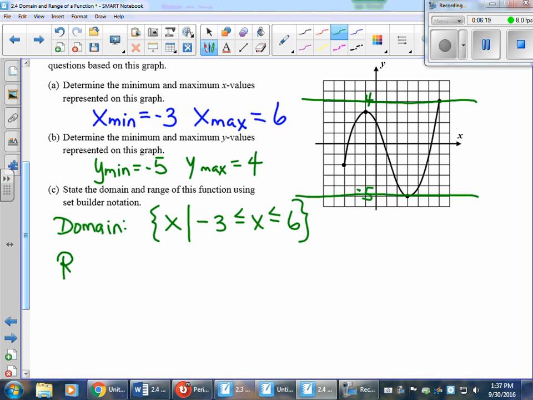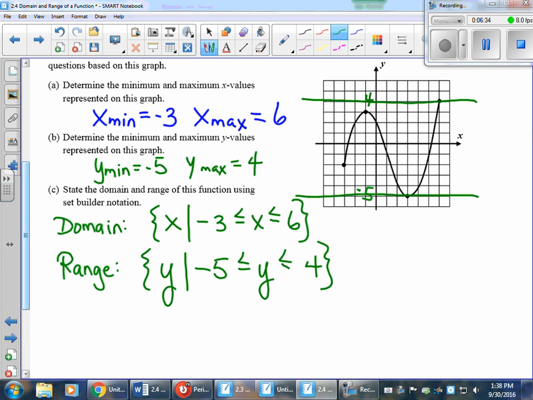And the range is going to be y such that y is sandwiched between negative 5 and positive 4, again with less than or equal to signs in between. That is set builder notation. Again, I'm going to remind you to pause this and rewind it as you need to.